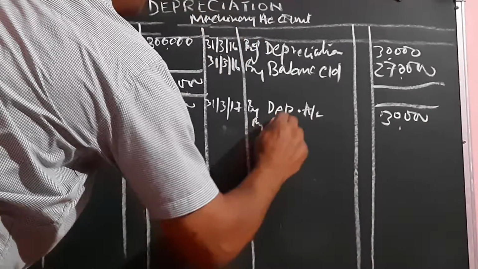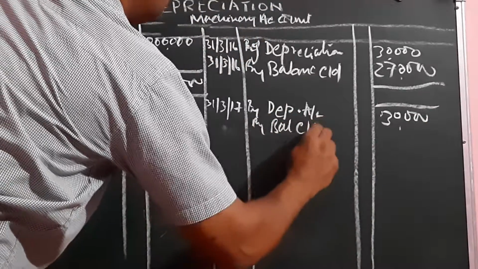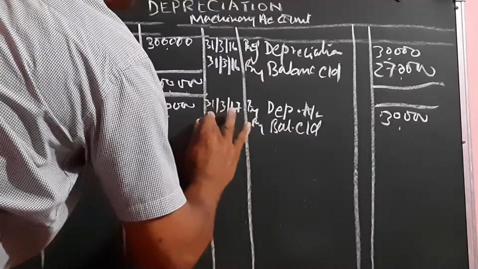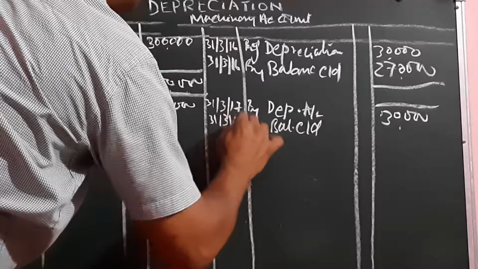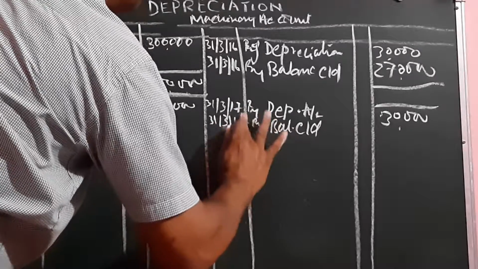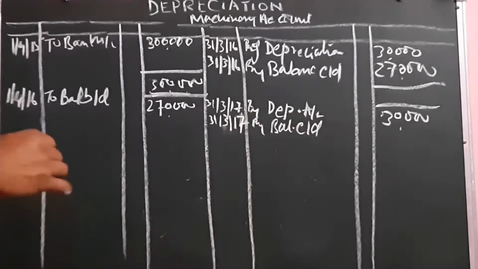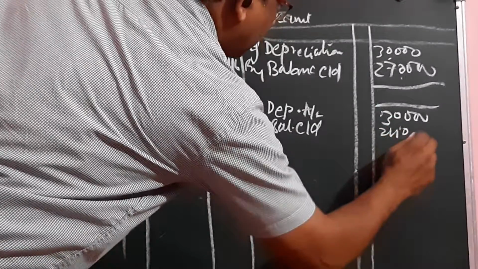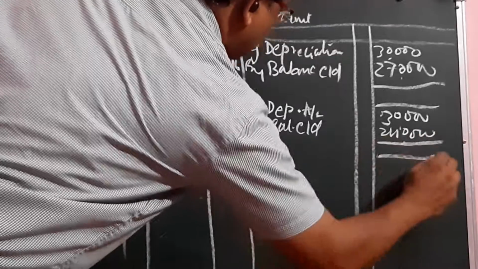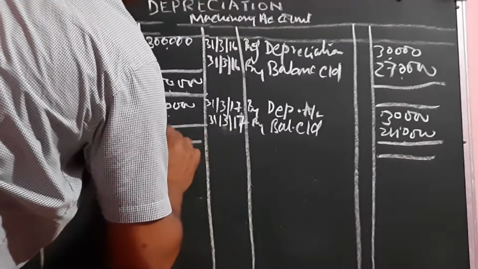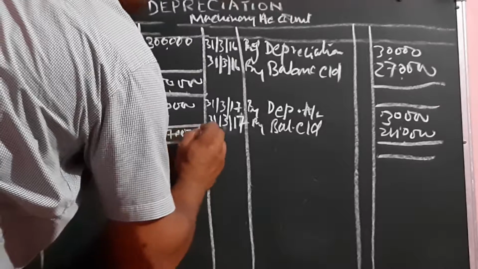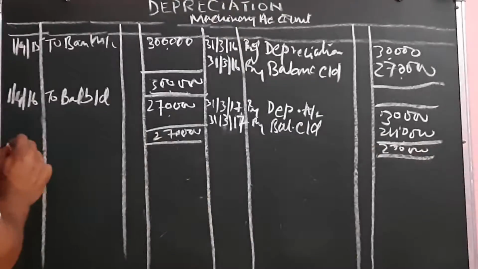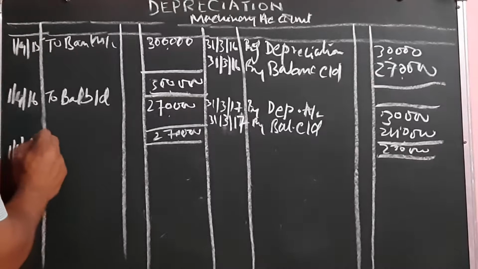Then by balance CD, balance carried down on the same date, 31st March 17, it will be 2,40,000. So the total here is 2,70,000.